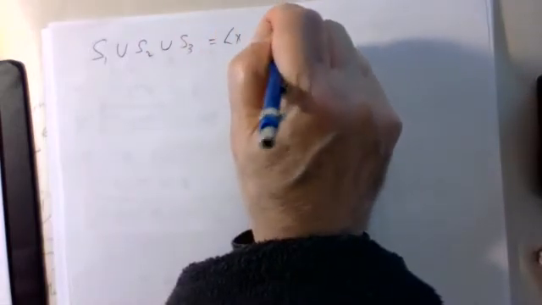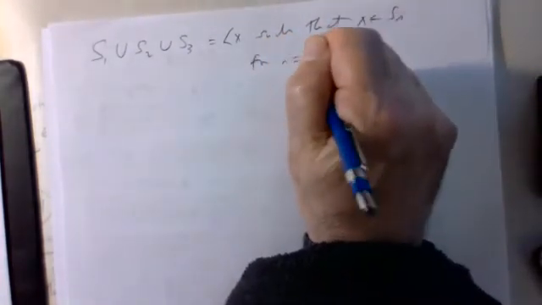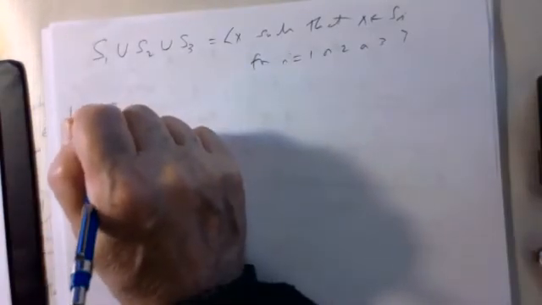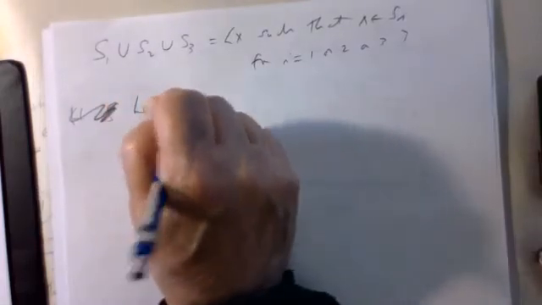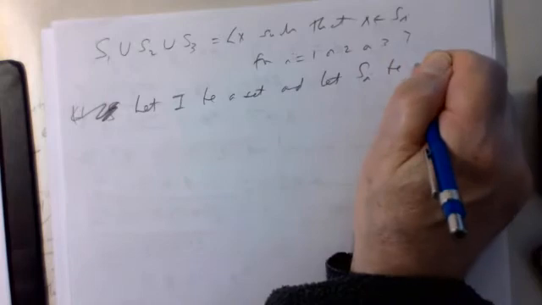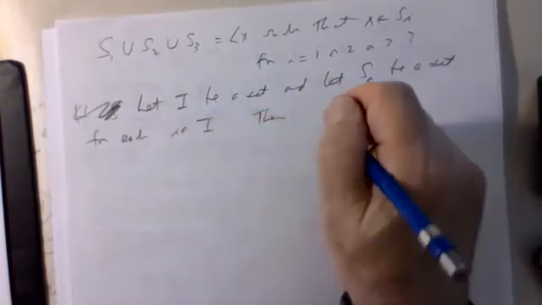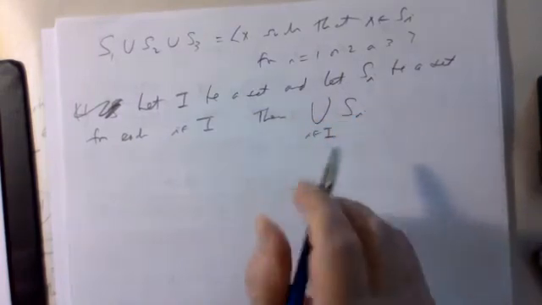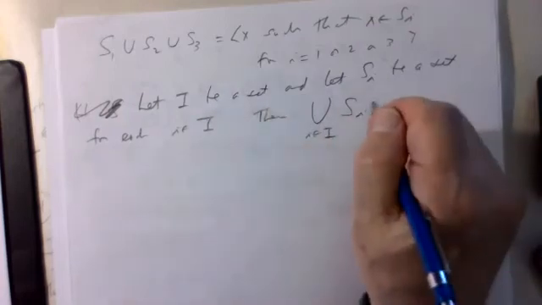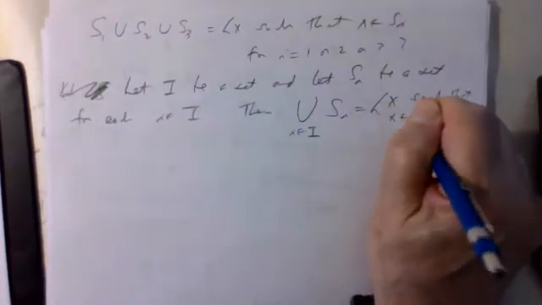If you have three sets, this is all X such that X is in any one of these sets, S sub I for I equal 1 or 2 or 3, or more than one. And let I be a set and let S sub I be another set for each I in I. Then we can define the union of all the sets S sub I. This means the union of the sets S sub I for every I in this index set I. This is all X such that X is in at least one of these sets S sub I.